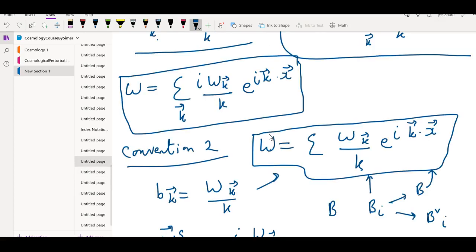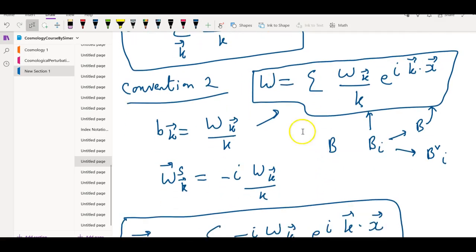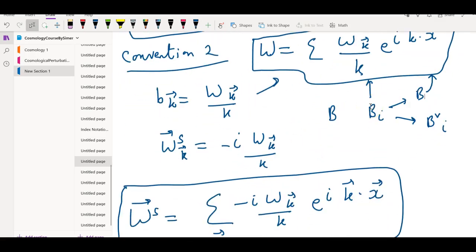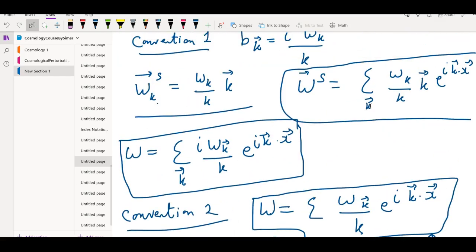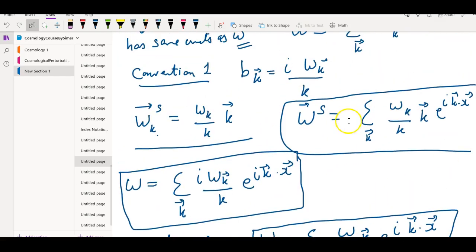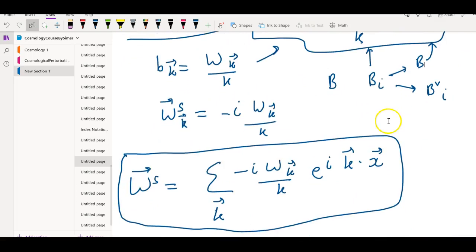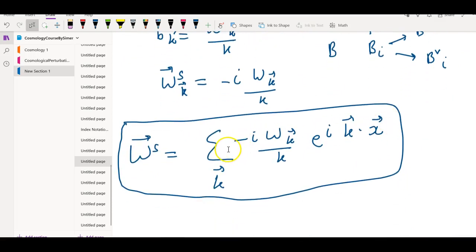in our convention we said that we will adopt this convention in which potential W is expanded like this, and the scalar will be written like this.